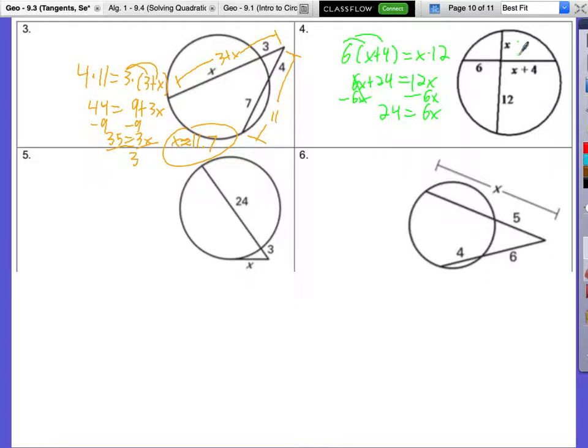Why can't you add x to 12, but you can multiply it? Because this is 2 chords intersecting. No, I mean in just any general algebra equation, why can you not add x to a certain number?